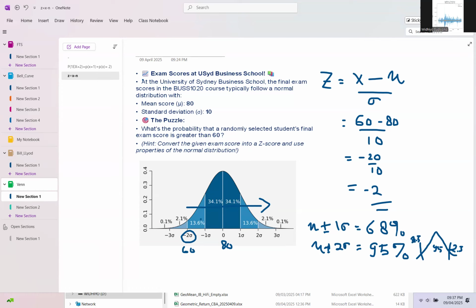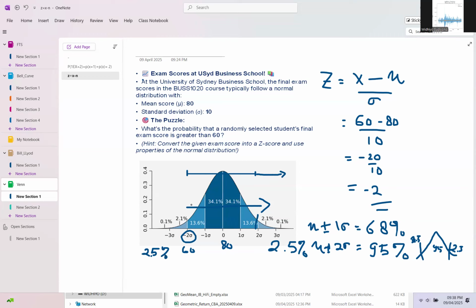If it is 2 sigma to the left and to the right, from here to here, this would be 95%. However, we want to go further until infinity. As you can see, the right tail would be 2.5% because from 95%, only 5% is left, divided by 2, 2.5% on the right and 2.5% on the left.